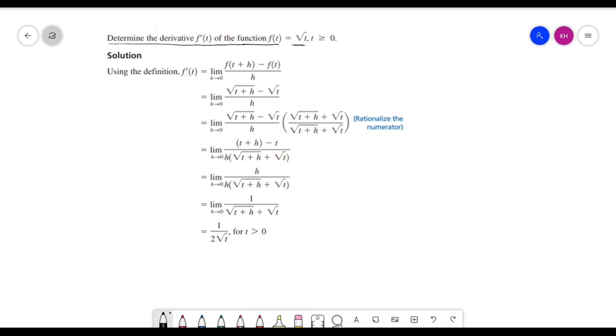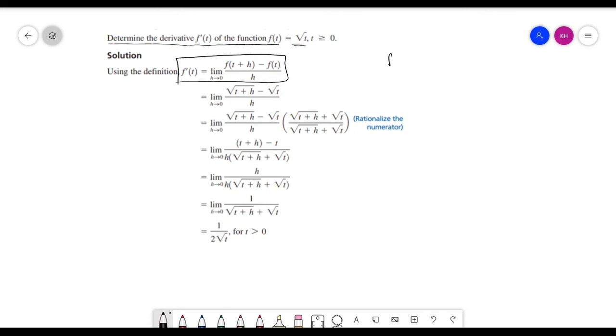They did not ask us to find the slope of the tangent at a given value. Instead, they just asked us to find the slope of the tangent in a function form. So let's do that. We're going to use the same formula again, and we're going to break it down. And that would be an easy way to do it.